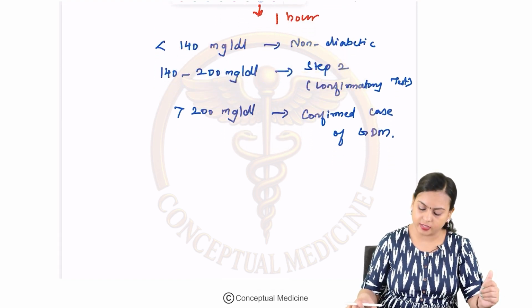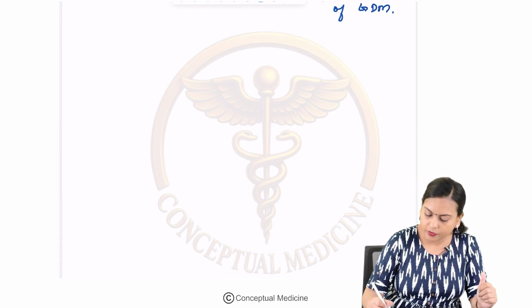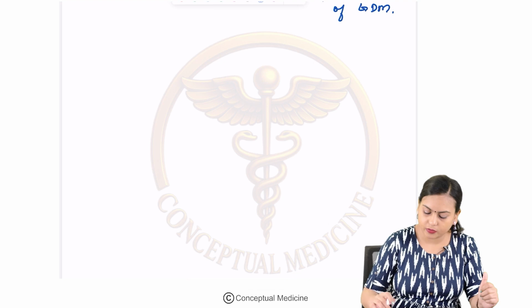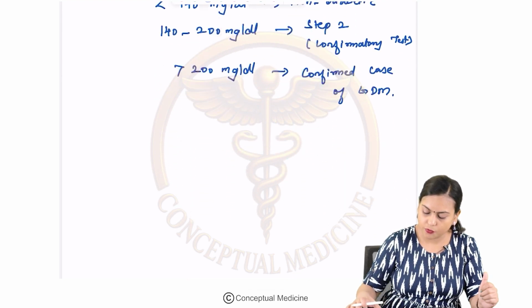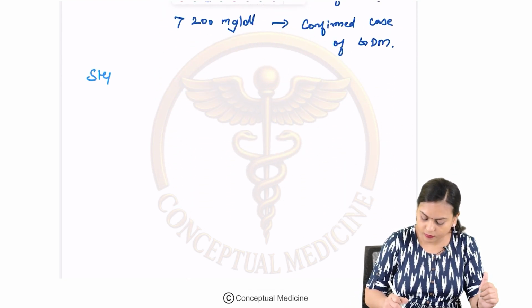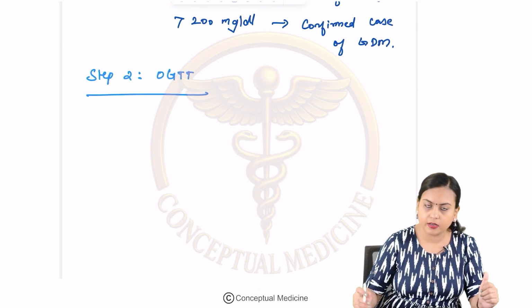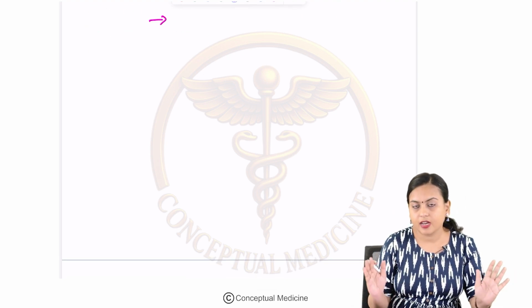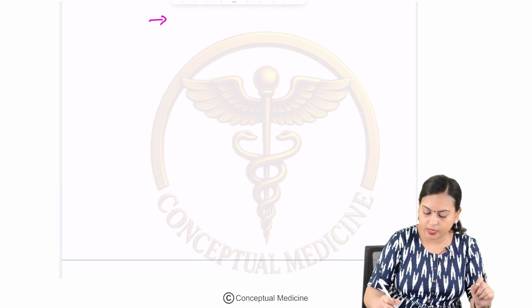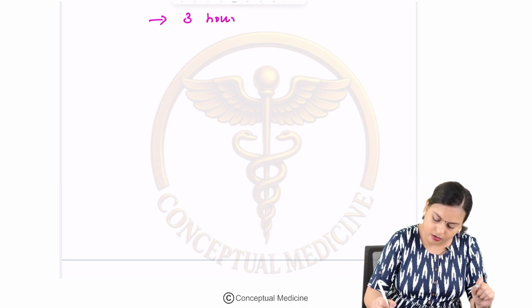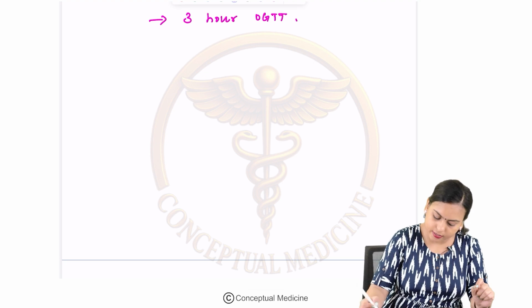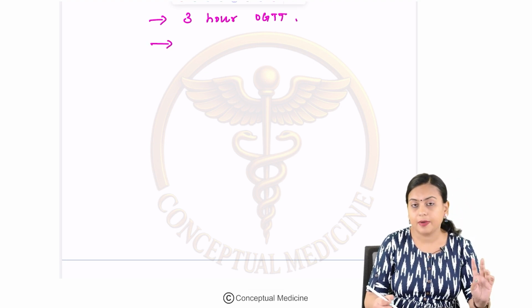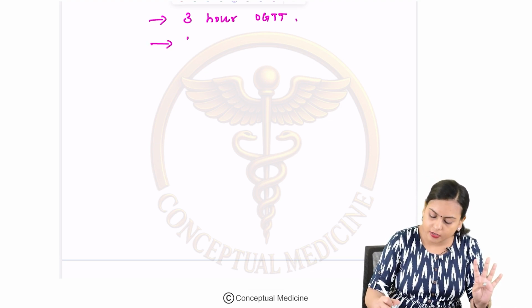Clear? Now we'll see what we are going to do in step 2. That is, I am doing OGTT. This is actually a 3-hour oral glucose tolerance test, but I will be taking 4 samples.